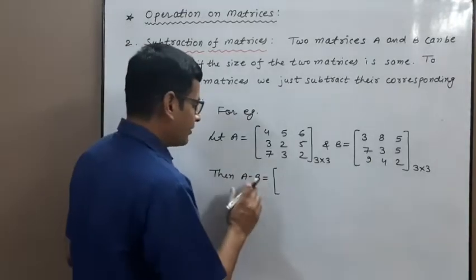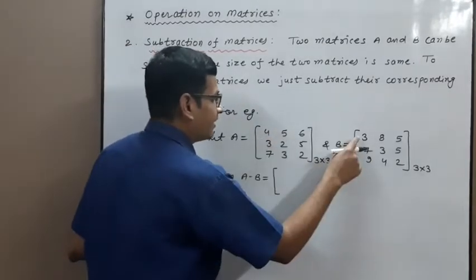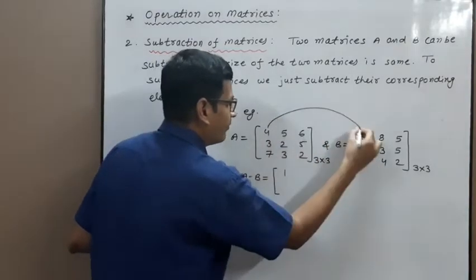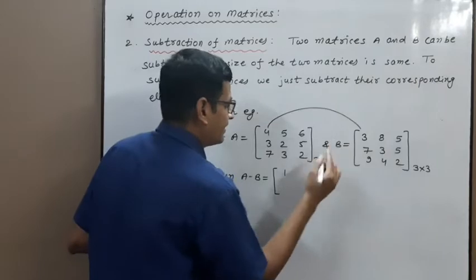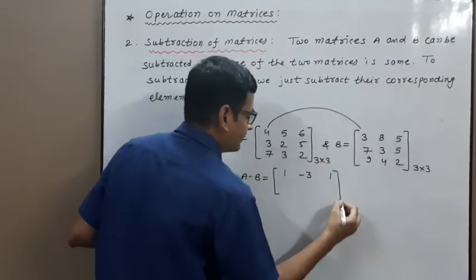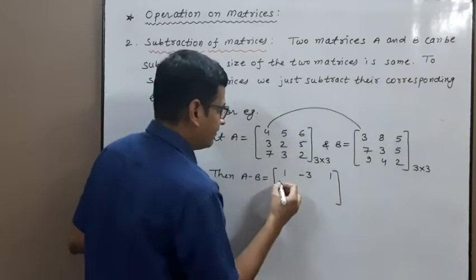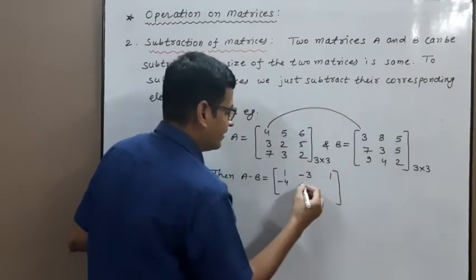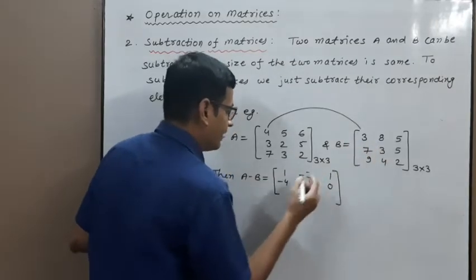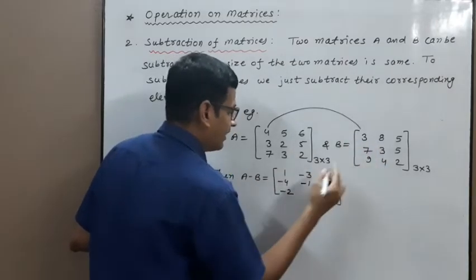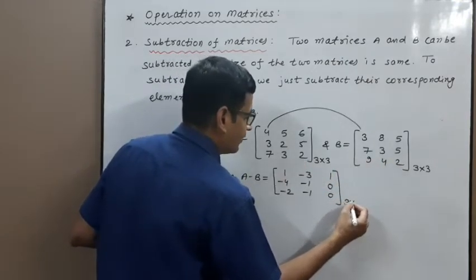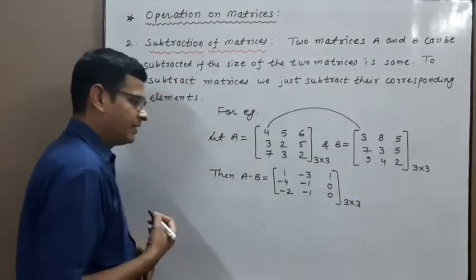To subtract two matrices, we just subtract their corresponding elements. 4 minus 3, 1. 5 minus 8, minus 3. 6 minus 5, 1. 3 minus 7, minus 4. 2 minus 3, minus 1. 5 minus 5, 0. 7 minus 9, minus 2. 3 minus 4, minus 1. 2 minus 2, 0. So again we get a 3 by 3 matrix.